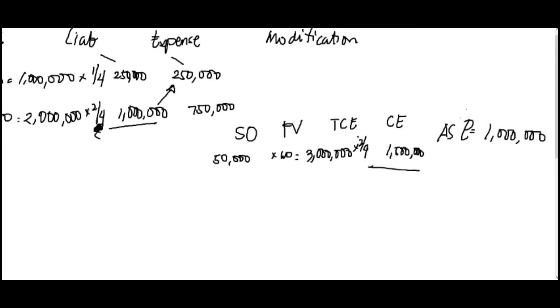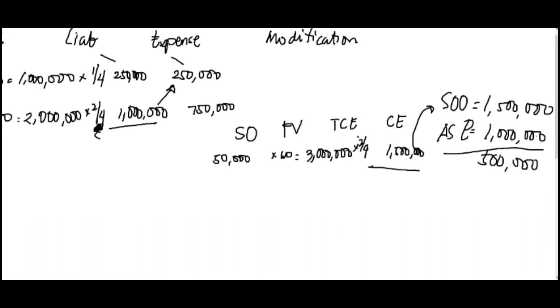Kaso, pumasok sa share options. Okay, the share options outstanding, naging 1.5 million na daw yung babayaran mo dapat na share-based compensation. That means, nag-increase ng 500,000 ang iyong compensation expense. So, you have to recognize that.